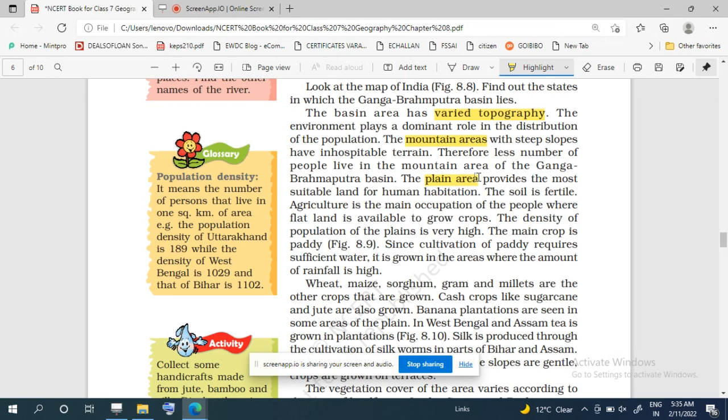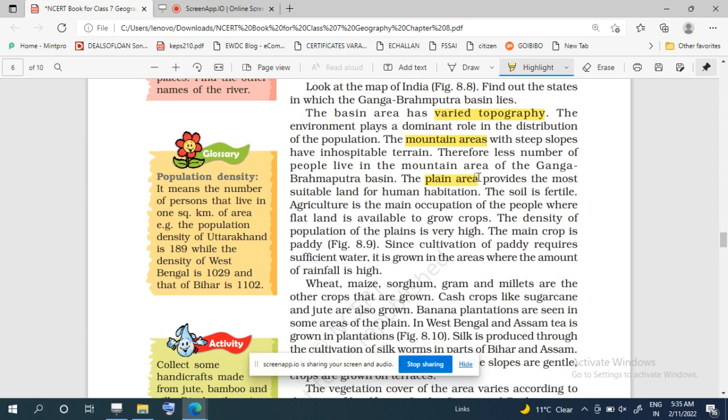So we see that the distribution of population is also very uneven. The first reason is topography, and the second is climate, because in the mountainous region not only is the topography difficult, but the climate is also not suitable.